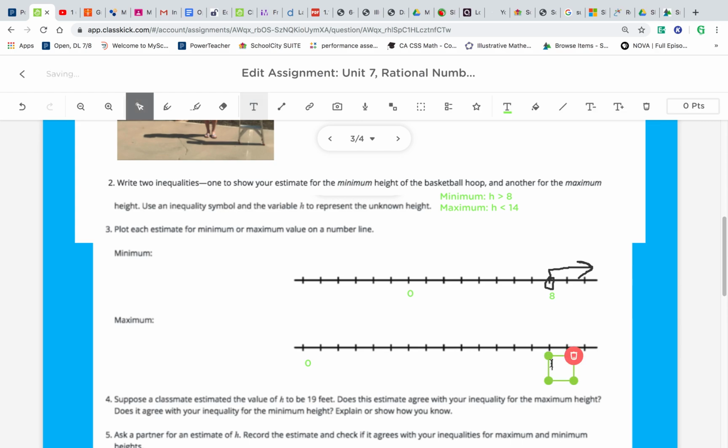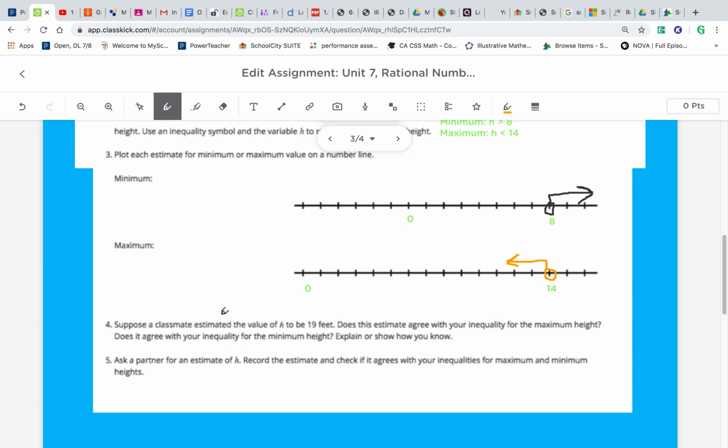So we'll call that 14. But for 14, it needs to be less than that. So we circle 14 and go up a little bit, and we need to go this way. This way is less than. So less than 14. That would be how your points would look for the number line. Again, you might have different values here. That's okay. You don't need to have 8 and 14.